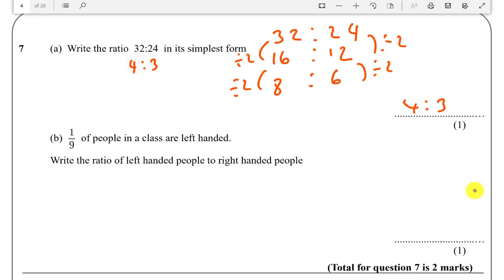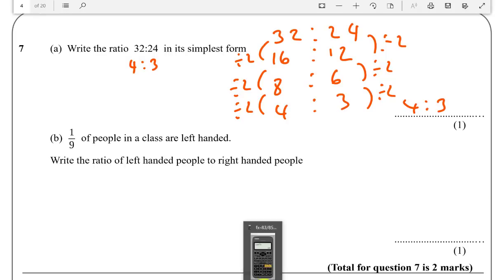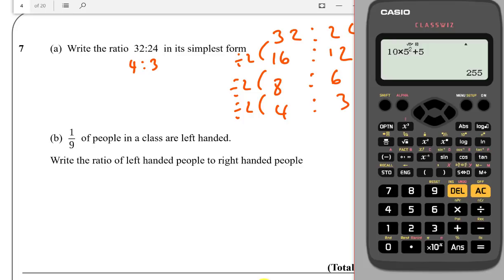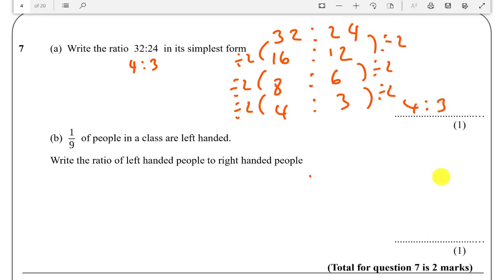Again, it's not in simplest form, so divided by 2 again, so that gives us 4 to 3, and we got the same answer. Now, on your calculator, you can actually enter it. Okay, so the answer is 4 to 3.